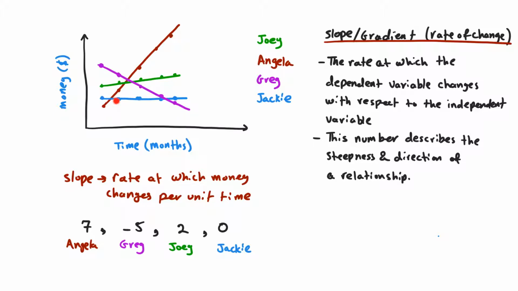So in 1 month, she would make $7. Greg is losing, because it's negative, $5 every month. So Greg every month loses $5, and then loses $5 again, and loses $5 again. Joey makes $2 every month, and Jackie makes $0 every month.